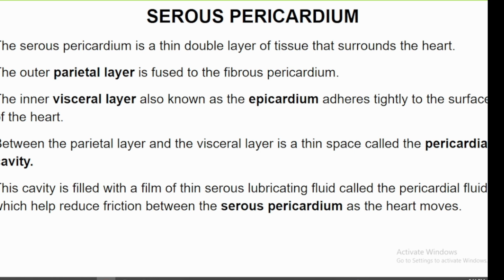Cavity. All right. Once it is a space, it is going to be called a cavity. This cavity is filled with a film of thin serous lubricating fluid called the pericardial fluid. You can see everything we're talking about here is pericardial. This fluid helps to reduce friction between the serous pericardium as the heart moves or pumps. Are we there?